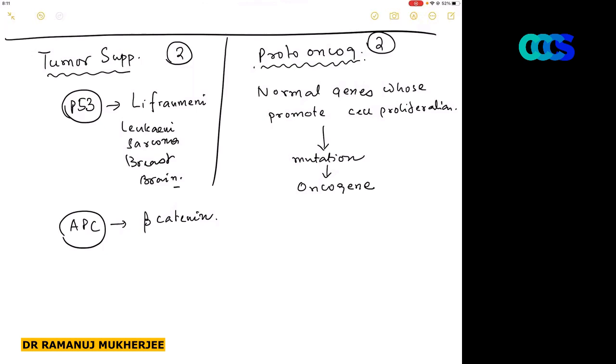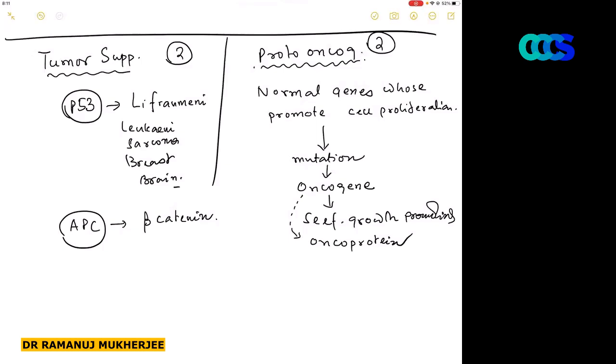Oncogenes thus are a mutated form of a proto-oncogene or an overexpressed variety of a proto-oncogene. That means an abnormal proto-oncogene, and the abnormal proto-oncogene makes self growth promotion. That means it is not listening to anyone, it just goes on dividing by itself. The gene is the oncogene, and the protein that it produces is called an oncoprotein.